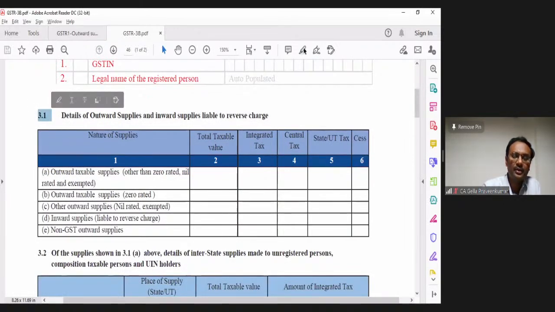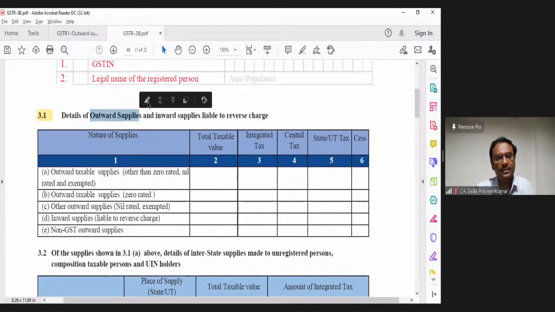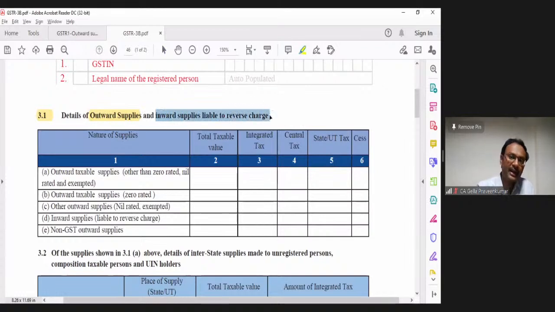This table 3.1 talks about your outward supplies, and inward supplies liable for RCM. So this table consists of my sales made during a tax period, and purchases on which I have to pay tax on RCM. I repeat, sales made during a particular tax period and purchases on which tax has to be paid.